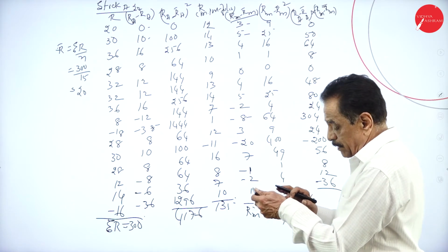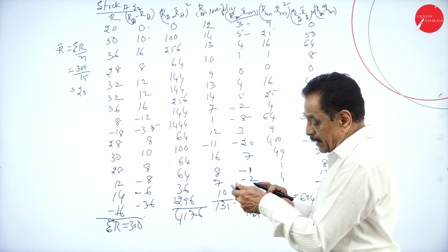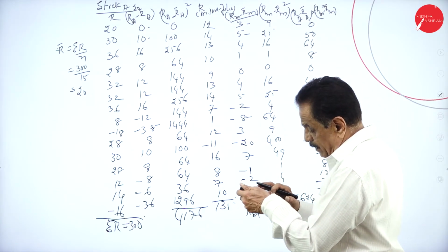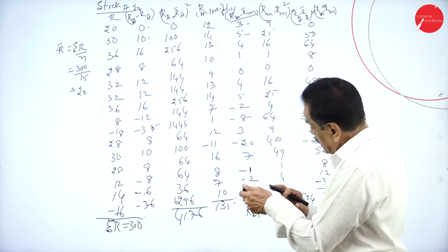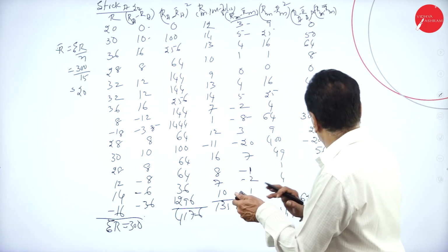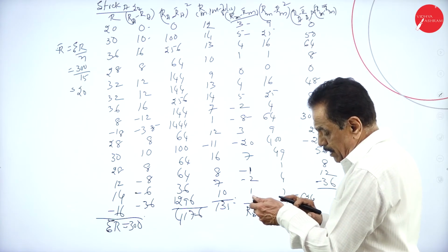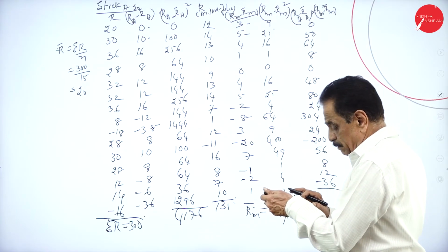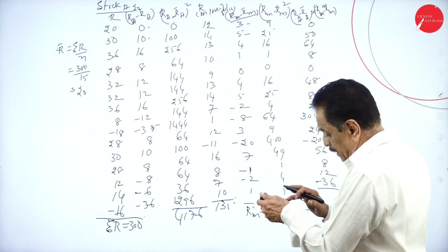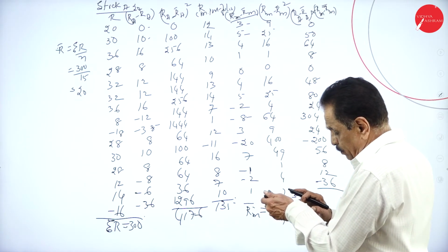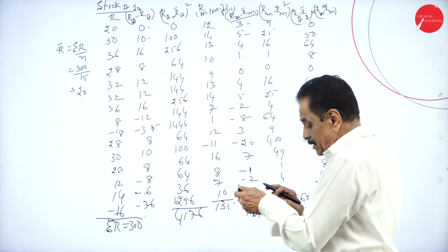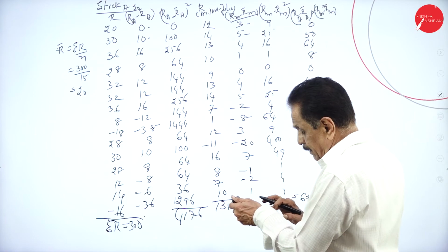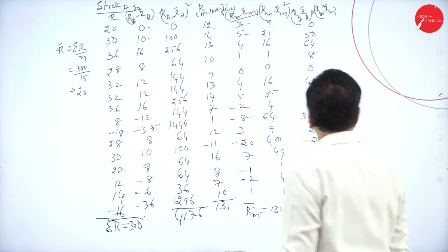50 plus 64 plus 8 plus 0 plus 48 plus 80 plus 24 plus 304 plus 24 plus 56 plus 8 plus 12 minus 36 minus 200, that is 442.